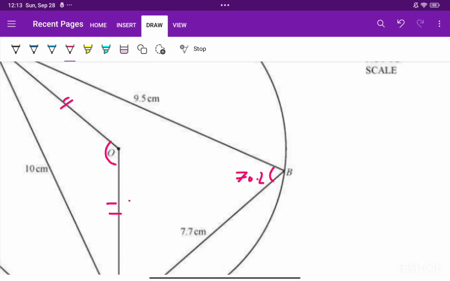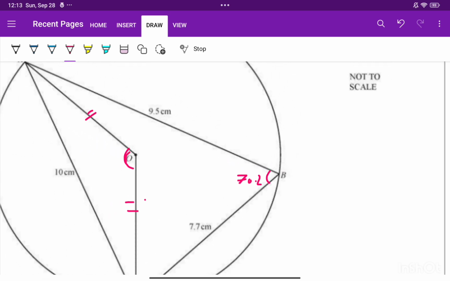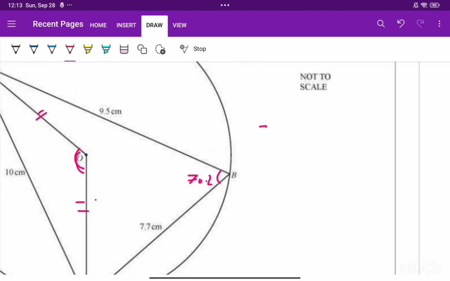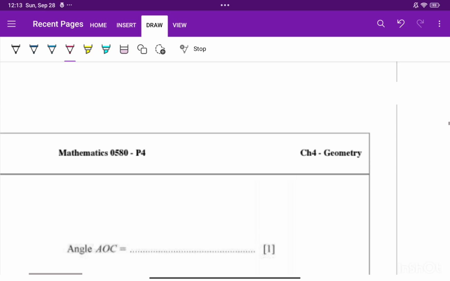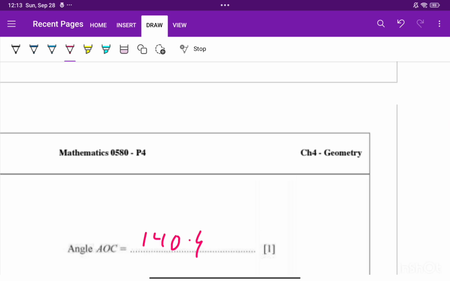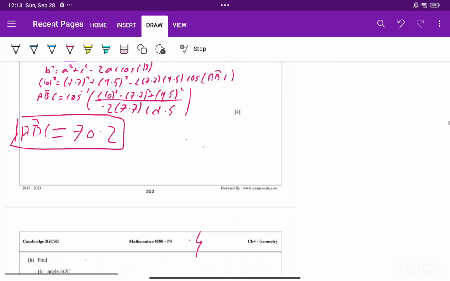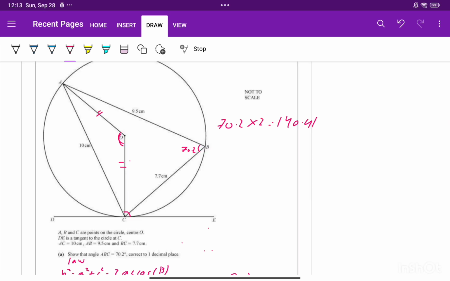So as we know, angle at the center is double the angle at the circumference. So we will multiply 70.2 by 2, which will give us the answer 140.41. So we will write it correct to one decimal place, 140.4.